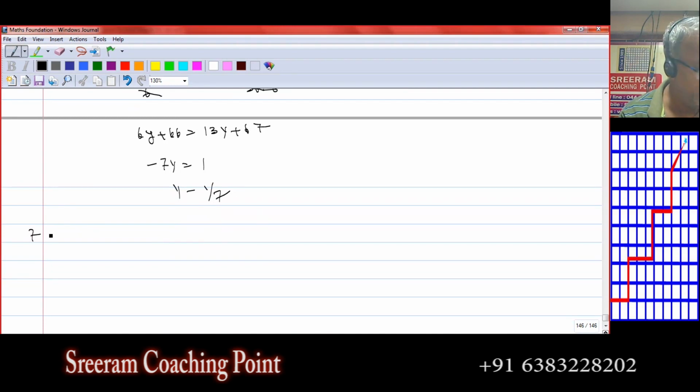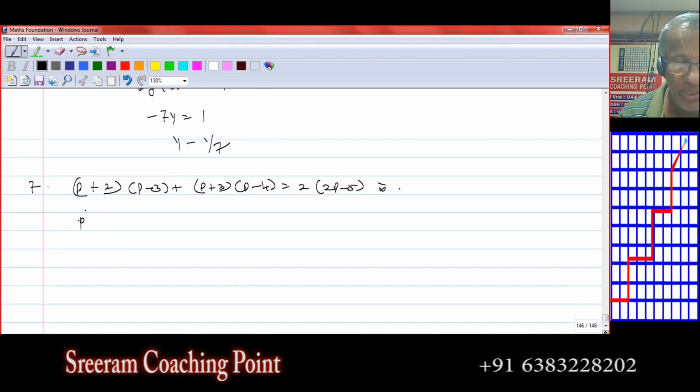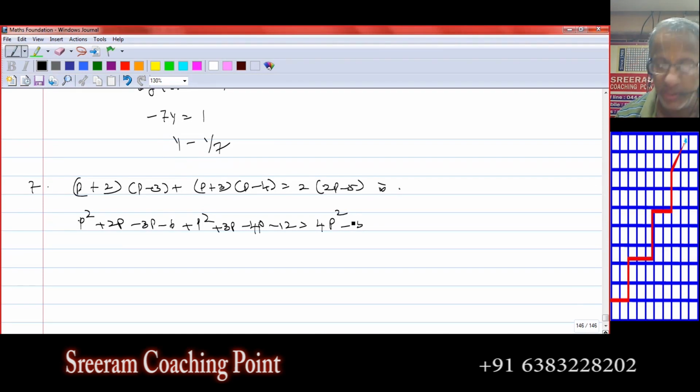Then item number 7. (p + 2)(p - 3) + (p + 3)(p - 4) equal to 2(2p minus 5)... So it is p squared plus 2p minus 3p minus 6 plus p squared plus 3p minus 4p minus 12 equal to 4p squared minus 5p.